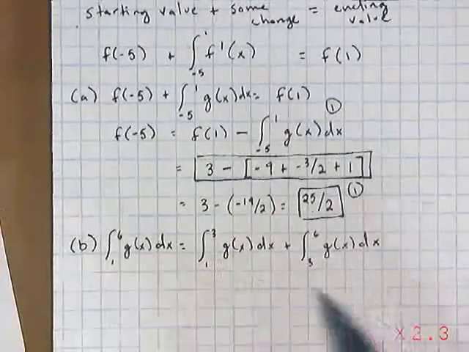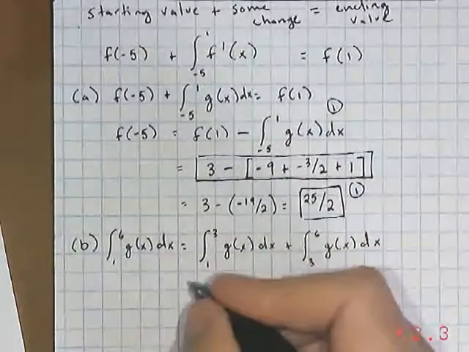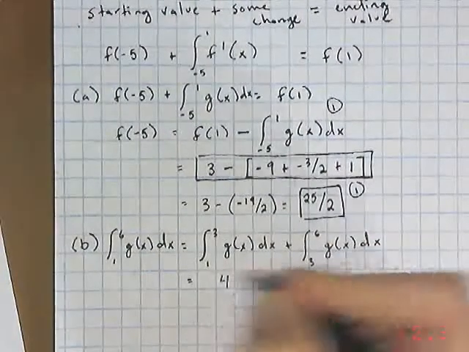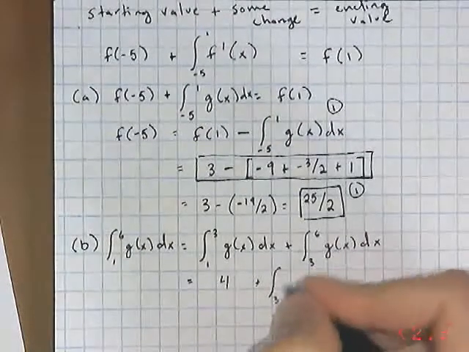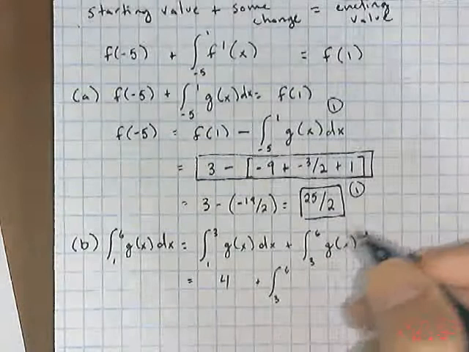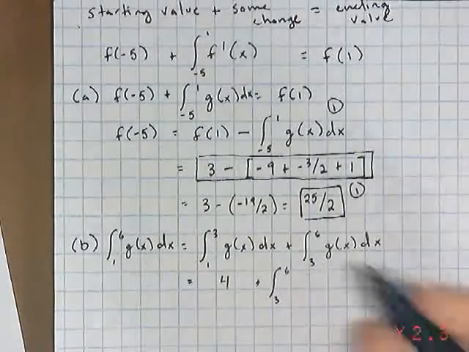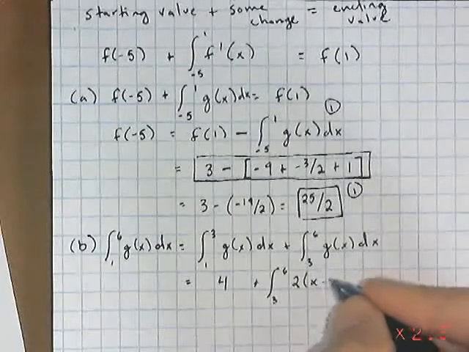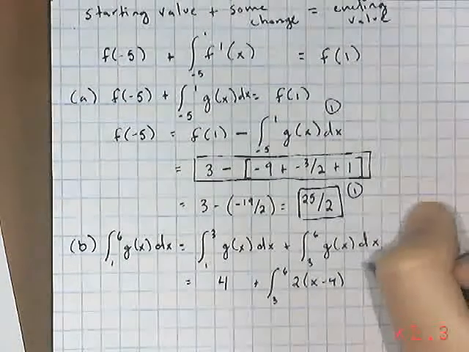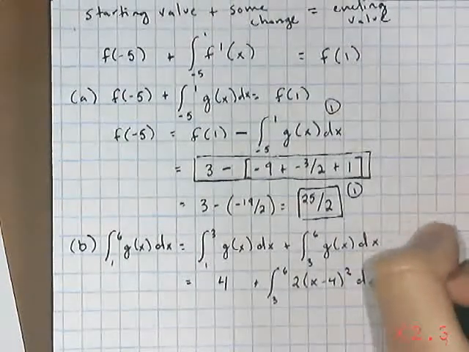From our geometric interpretation, the first part of this sum is just 4. This guy, we can sub in the piece of g(x) that we need, which is 2 times (x minus 4) squared dx. And then we're going to have to compute this guy directly.